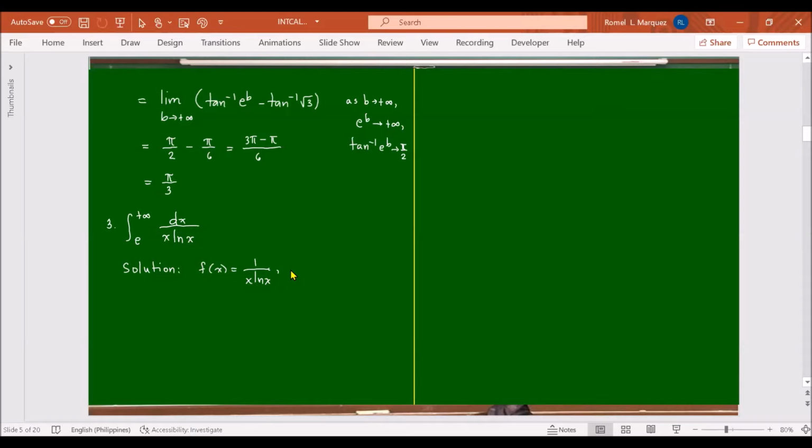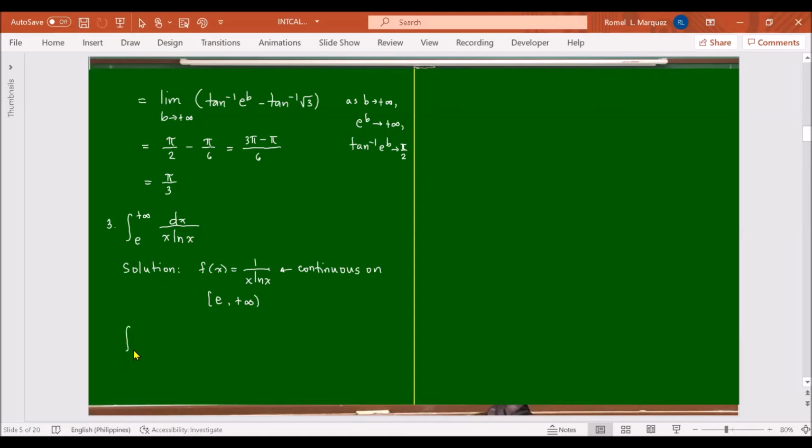So this function is continuous on the interval from e to positive infinity. Okay? So we can proceed.